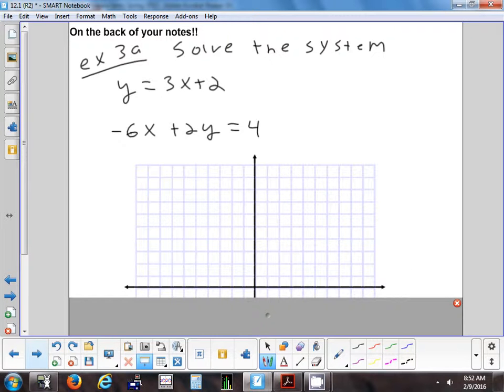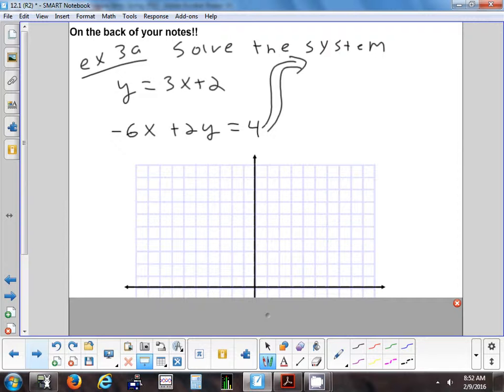All right. This one, not quite as quick as the last one. Okay, I like the first equation. What do you think I don't like about the second one? Ariana? Yeah. So what would be the first thing you'd do to try to get this in y equals mx plus b?